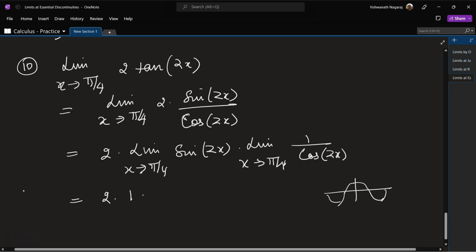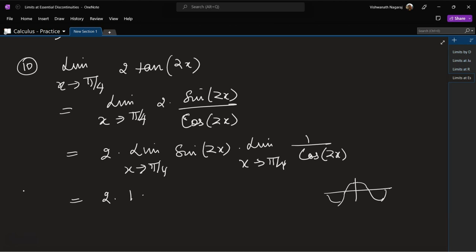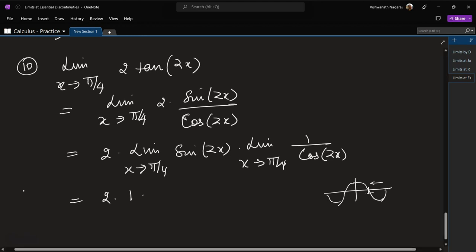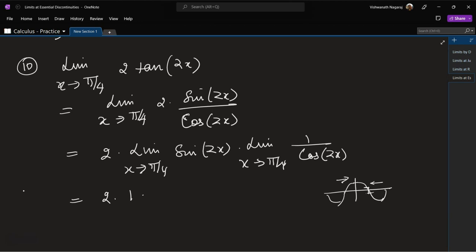Okay. Now cos pi by 2 is going to be this. So from the positive side, if we come, it is going to be negative. And if we come from this side, here it will be positive, here it will be negative.